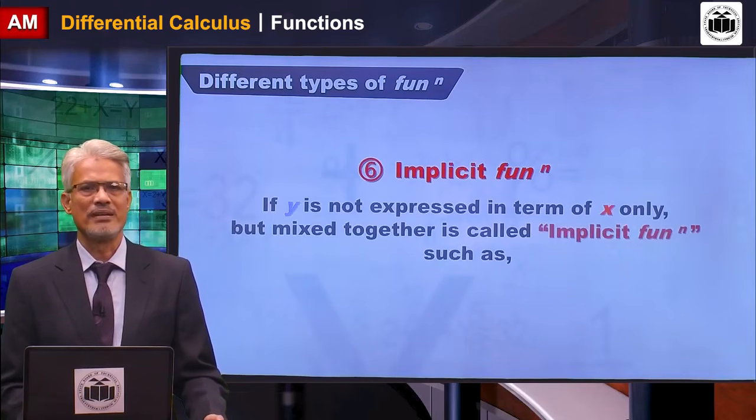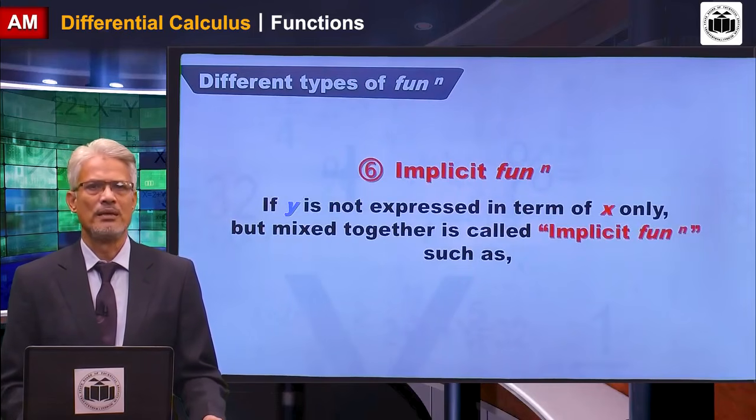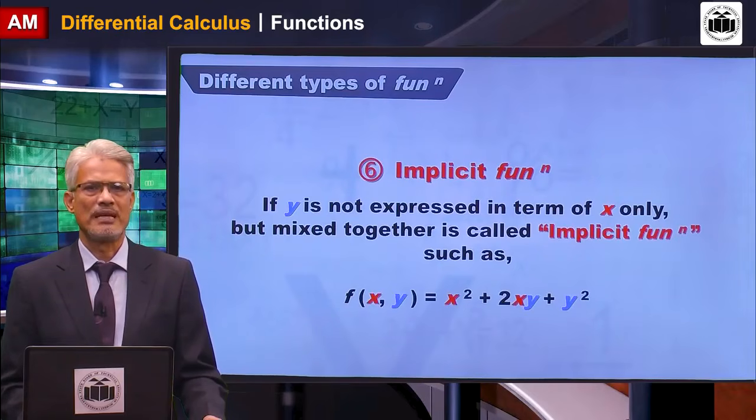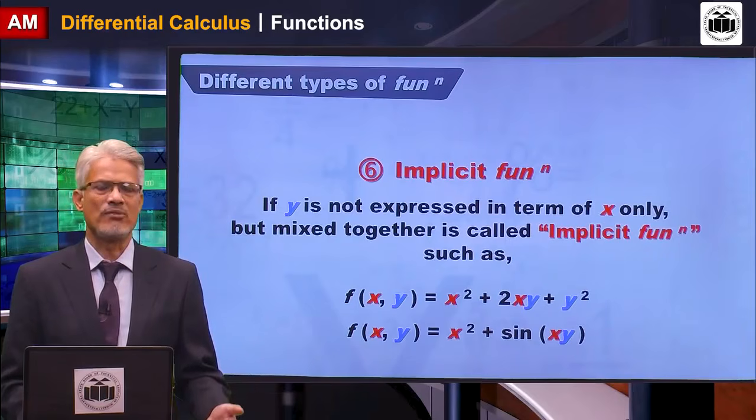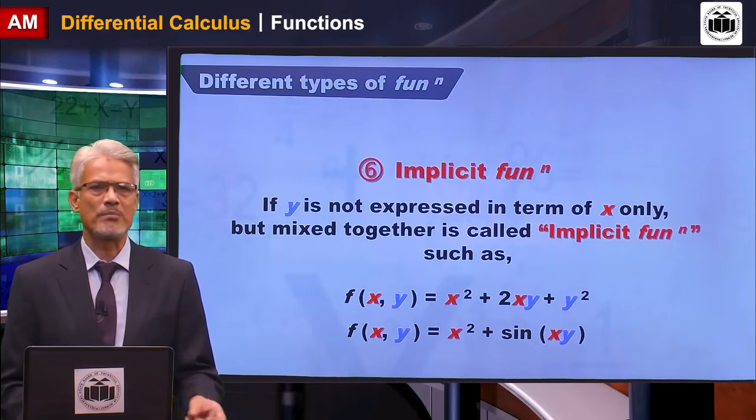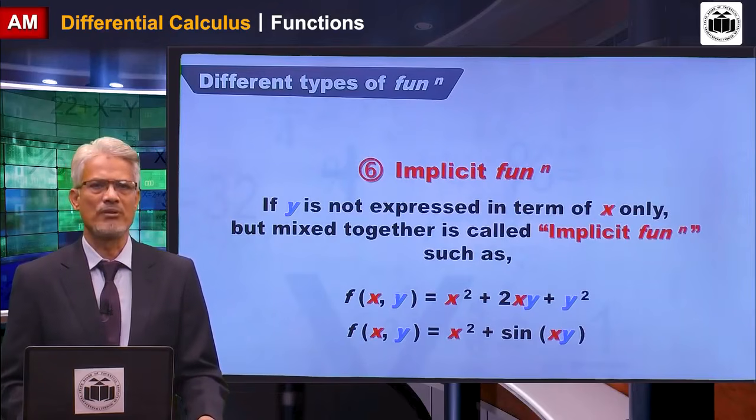That's why if the variables can't be separated from each other, then it is known as implicit function, and is defined as if y is not expressed in terms of x only but mixed together is called implicit function, such as f(x,y) = x² + 2x + y², f(x,y) = x² + sin xy. It is not easy to express x in terms of y or y in terms of x in these examples because they are mixed together. That's why these are the example of implicit function.